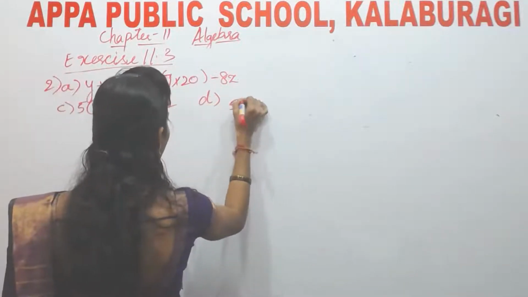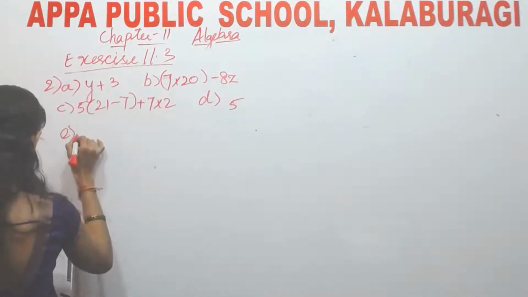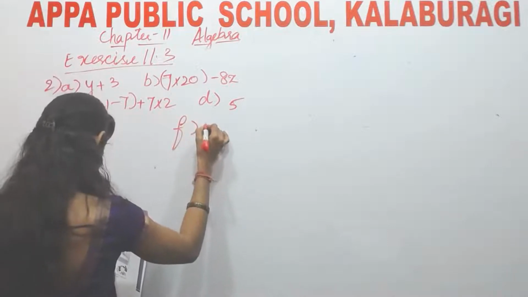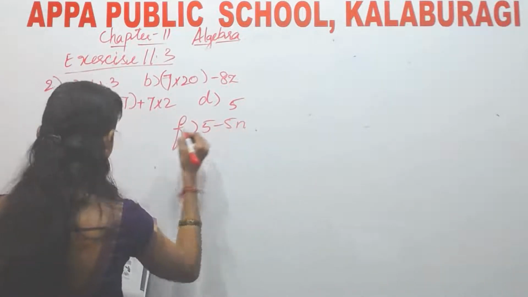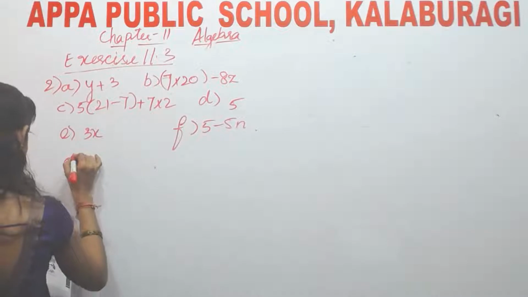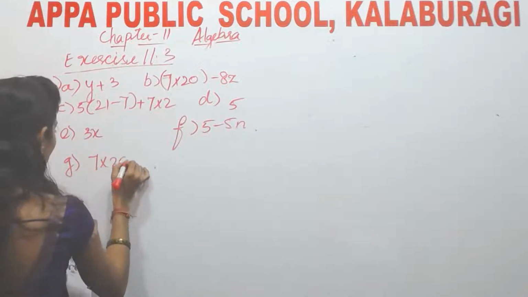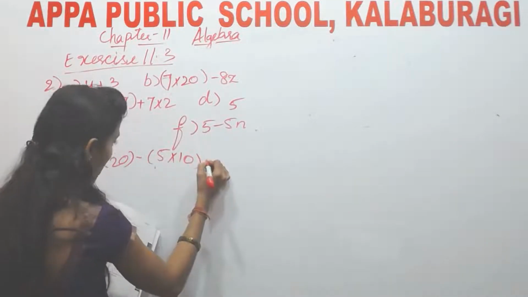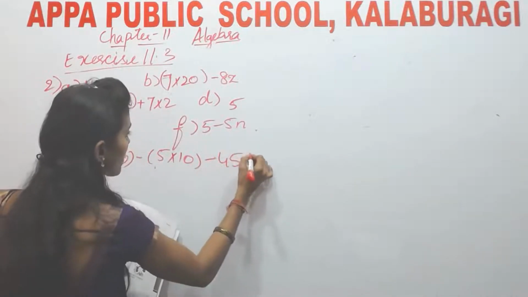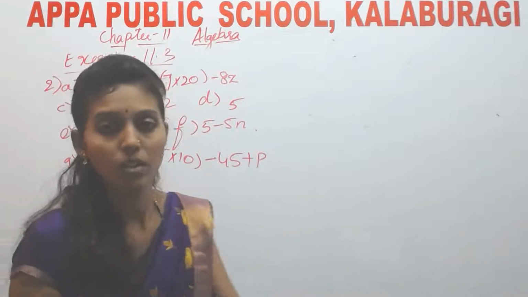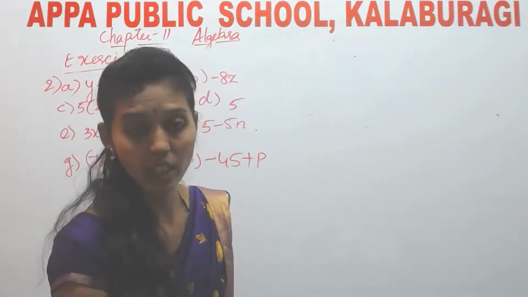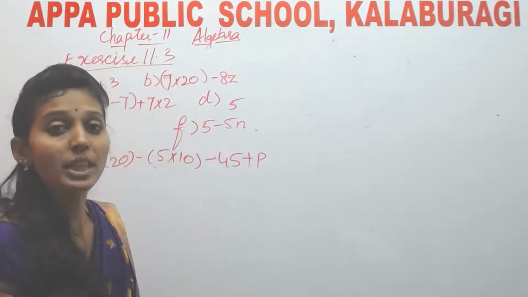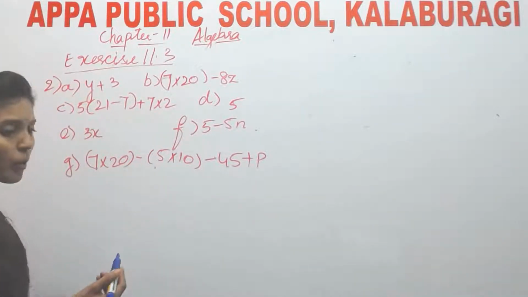D, 5. E, 3x. F, 5 minus 5n. G, 7 into 20 minus 5 into 10 minus 45 plus P. Numbers only means no variables.